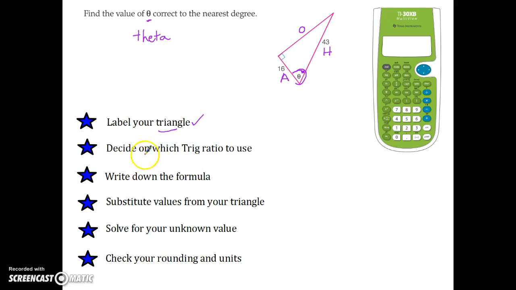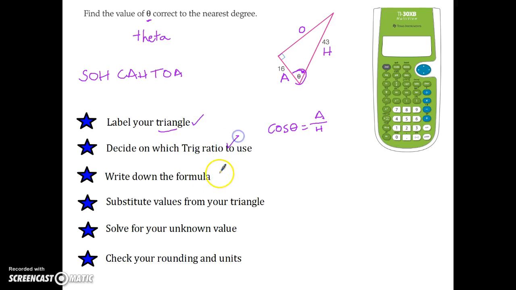Label the triangle. Decide on which trig ratio to use. We have adjacent and we have hypotenuse. Adjacent and hypotenuse is a cos. Adjacent over hypotenuse, and remember you get that from SOHCAHTOA that you've been using throughout the rest of the chapter.